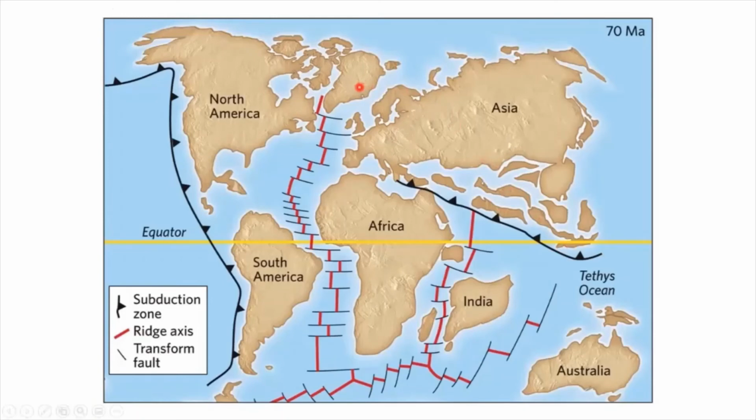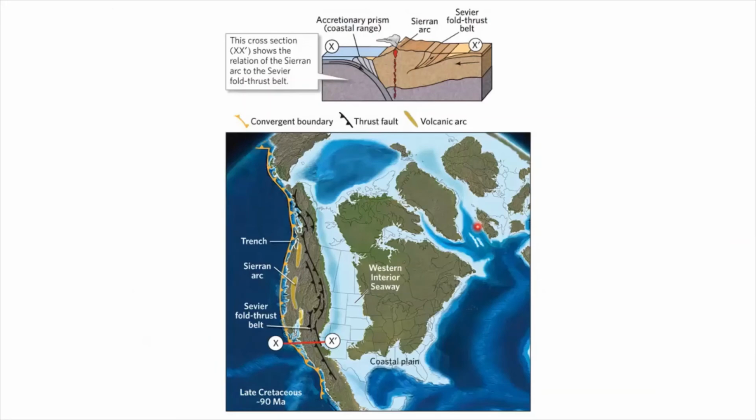So this is an image of the Atlantic Ocean as it's forming. By the late Cretaceous period, about 70 million years in, the Atlantic had formed and India was moving rapidly towards Asia. Now, this image is of the Sierran Arc to the west and the Western Interior Seaway, which was an epicontinental sea.